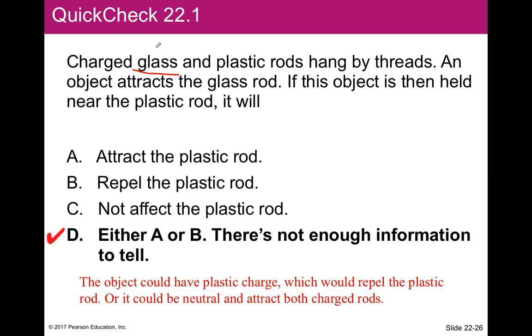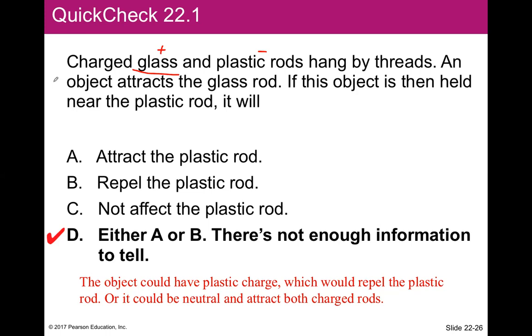This is one thing. Another thing, let's say even if I told you the glass is positive and the plastic is a negative rod, still it's difficult to tell, because an object attracts the glass rod. Does it mean the object is negative? Still, it's difficult to tell because if you remember, the charged rod can pick up neutral small pieces.